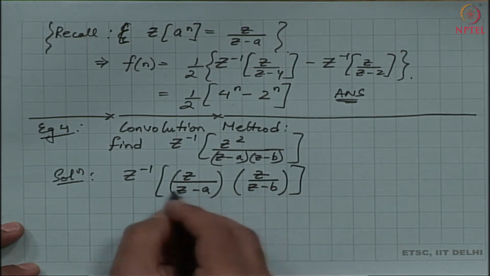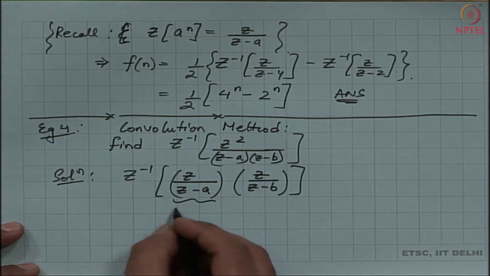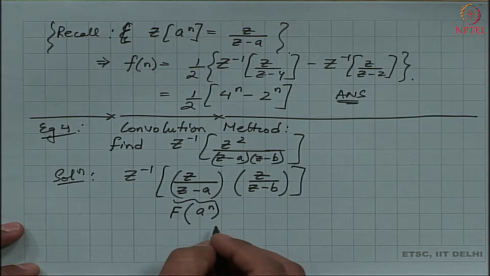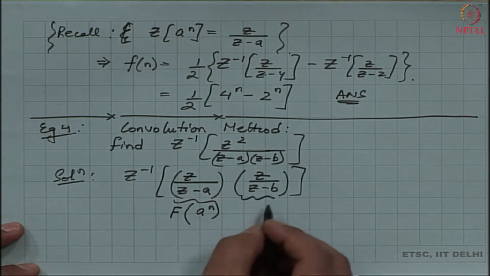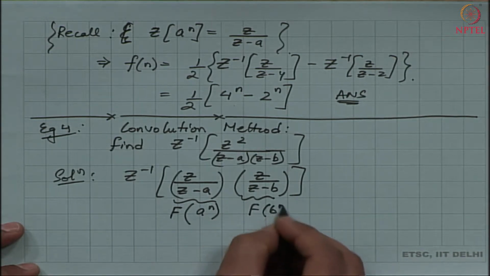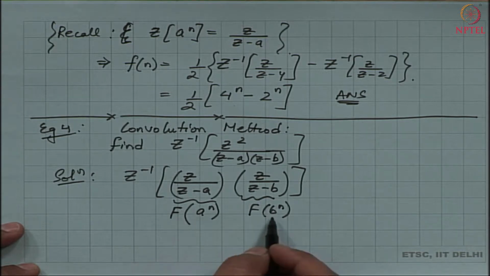So, I have just rewritten it as a product of two factors. Now, notice that this is the z transform of a to the power n, and this quantity is the z transform of b to the power n, and I am trying to find the inverse transform of the product of two z transforms.